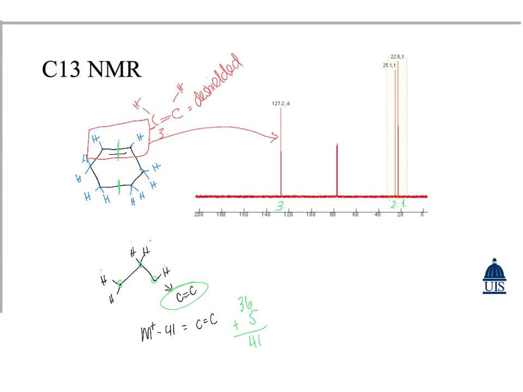The next one is going to be the closest to the double bond with 2 hydrogens attached to them, matching up with carbon environment number 2. And the last one is going to be the farthest away from the double bond, known as carbon environment number 1.